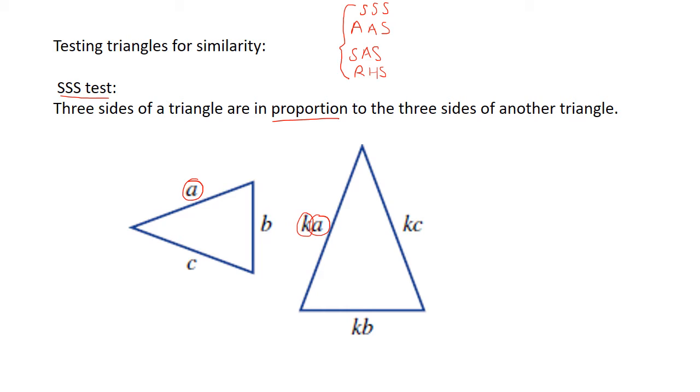Comparing side B with side B, that is K times bigger, and side C with side C, that is K times bigger. Now K could stand for any number. Just looking at this, I reckon it would probably be about 2 times bigger, so each side is twice as large as the sides in the first triangle.